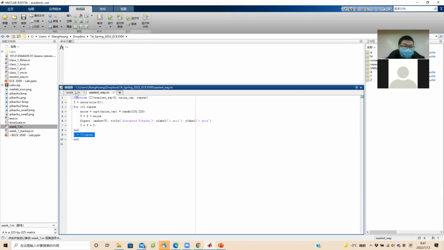I think this function is very easy to understand, and if you have some basic knowledge of other languages like C++ or Java, it's very easy to use. I don't think it will be hard for you.